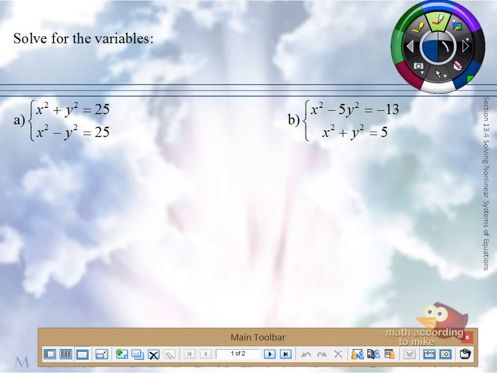So in any system of equations, our job is to figure out the values for x and y in this case that make the equations true. Now the reason why we waited until now to do this section is because these are very special equations. Part A, first equation, x squared plus y squared equals 25. What is that? What graph is that?